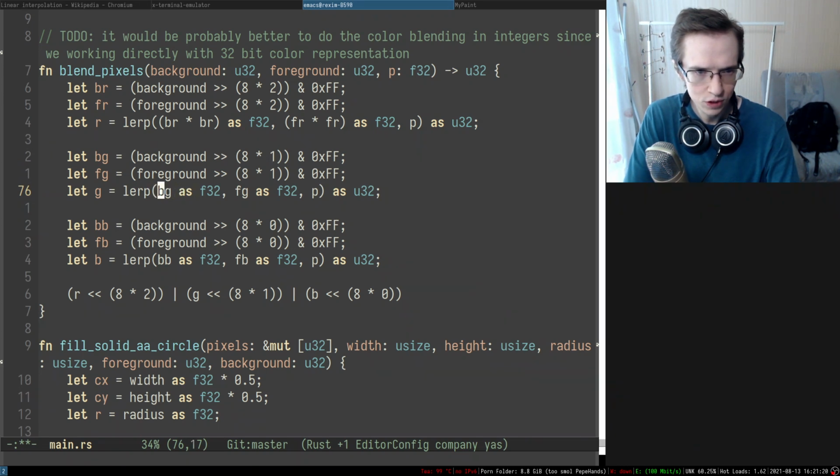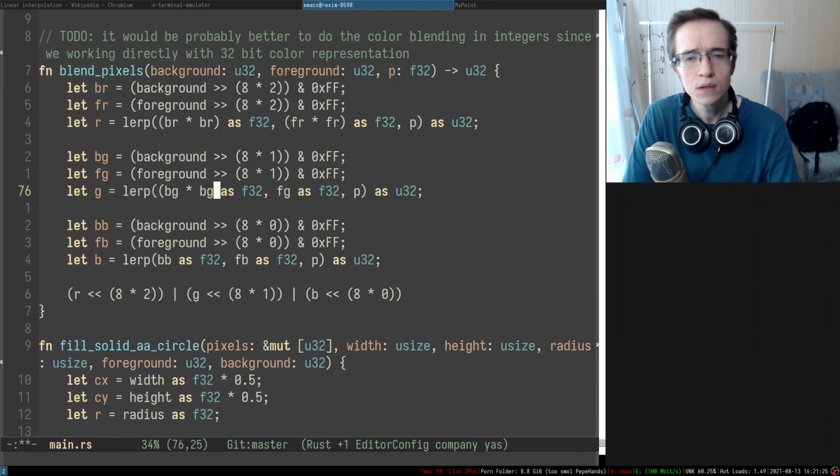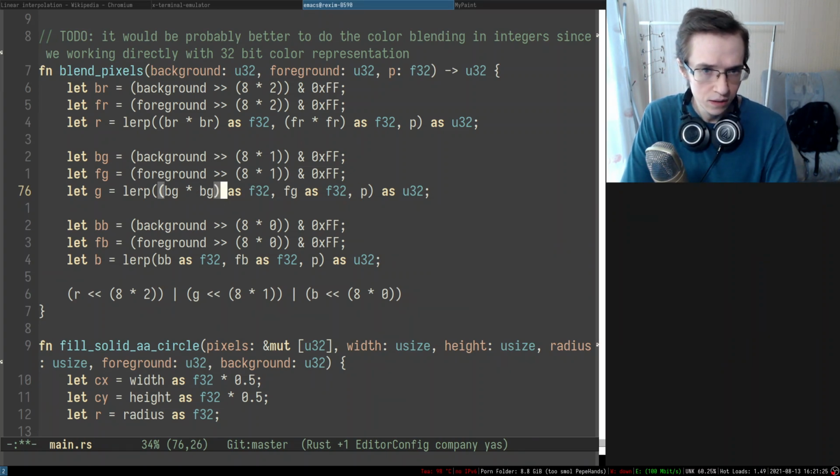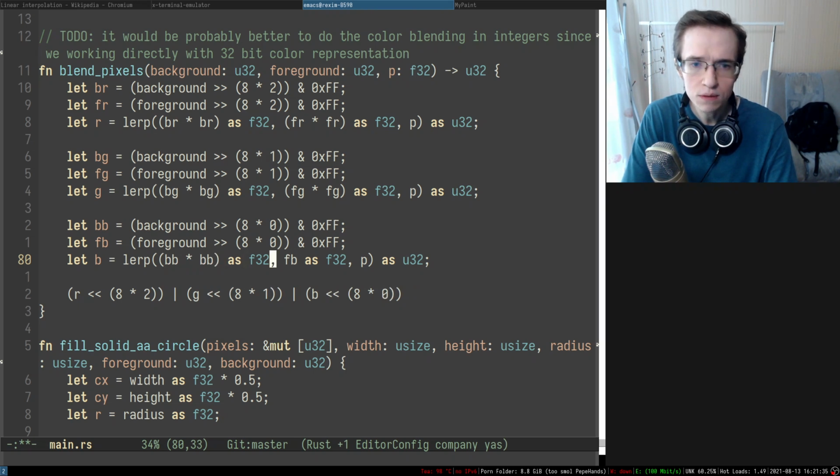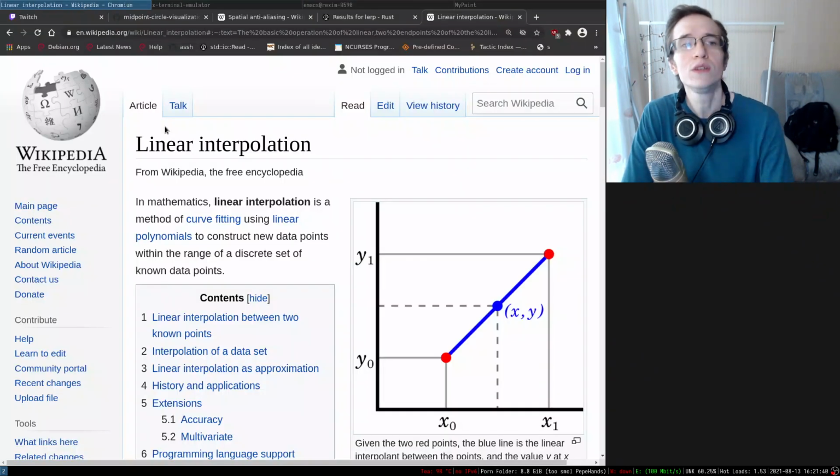So it's gonna be BG, BG, and FG. So this is gonna be BB, FB. But then I need to take a square root of this entire thing.